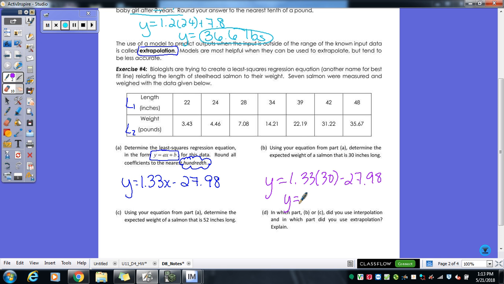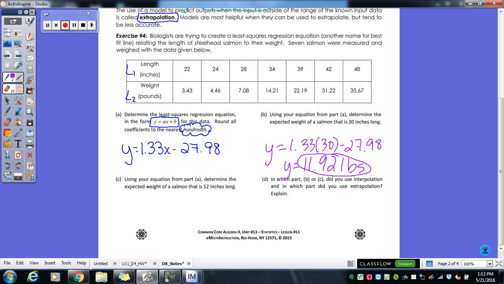Type it into that nifty invention called the calculator. All right, so what do we get for the weight? 1.92 pounds. It's a pretty big salmon right there.